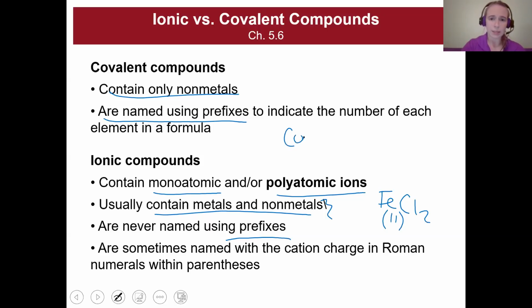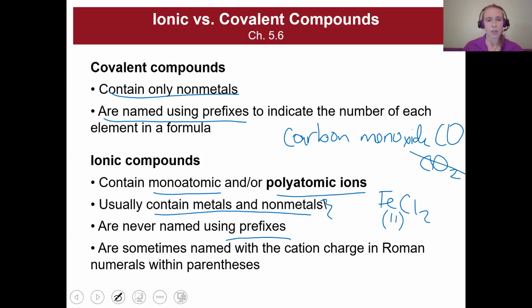Whereas carbon monoxide has that prefix of mono at the beginning to tell you that it is one oxygen and not two oxygens like in carbon dioxide. And then, oh, I got ahead of myself here, Roman numerals in parentheses for those transition metals to tell you what the charge is on that cation.